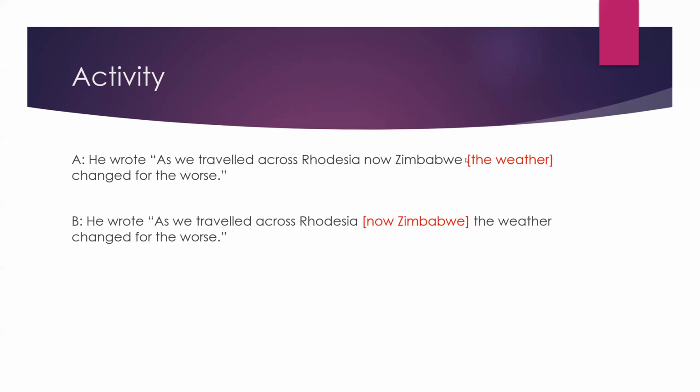Now, in this example, there's no reason to include the weather within the brackets because it needs no clarification. What needs clarification is the name of this country that is modernly referred to as Zimbabwe, not Rhodesia. So this is a correct basic use of the brackets.